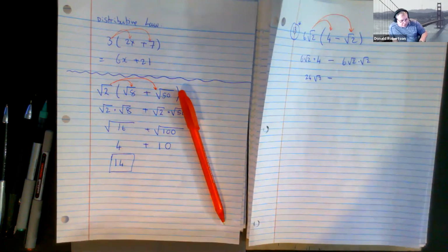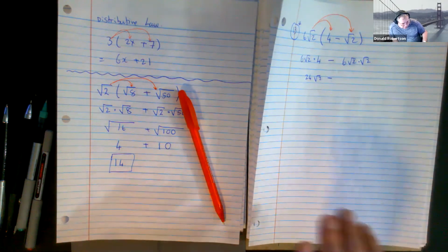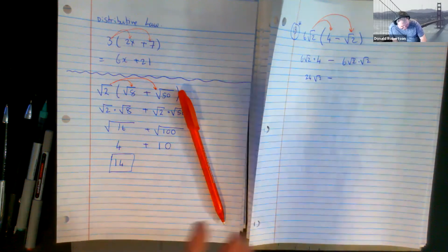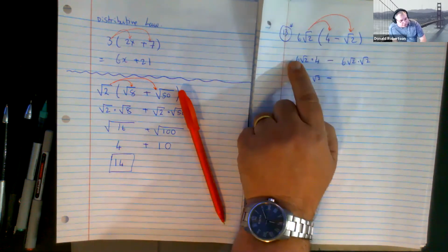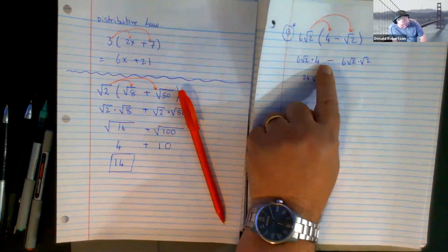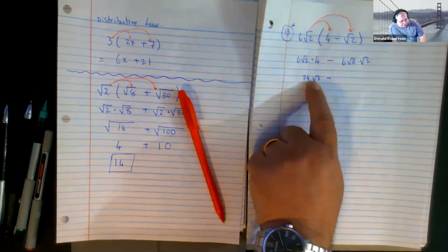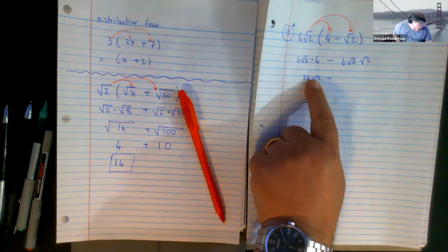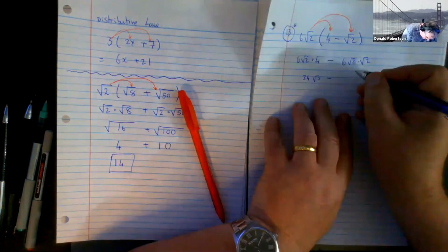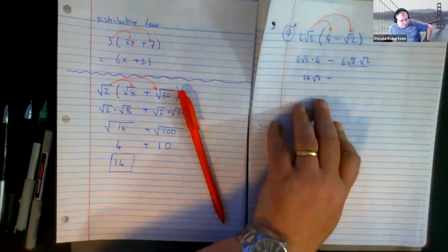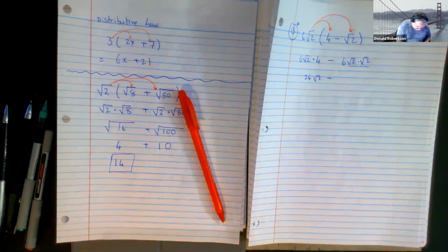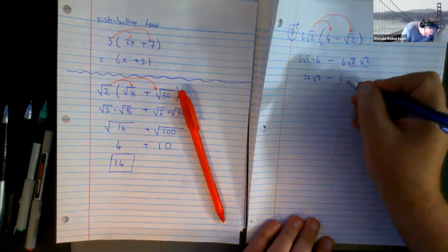When you multiply 2 or more things together, you know you can switch the order that you do the multiplication. So I just said 6 times 4 times square root of 2, and that's where that came from. Right, 6 times 4 is that, and then square root of 2. Now this fella here, can you multiply these square roots together? Sure you can. But what do you get? Well, you get the square root of 4.